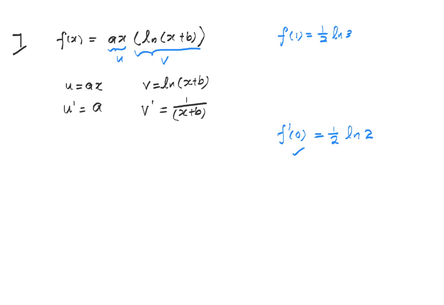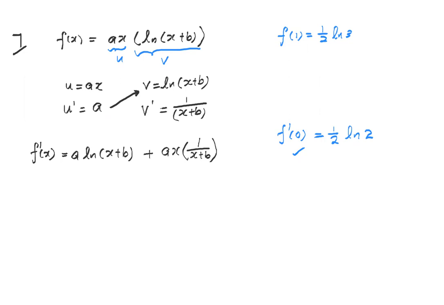Correct? So your f prime x will be equal to this way first. Okay, so a (ln x plus b), plus ax times 1 over x plus b. Done. Okay?